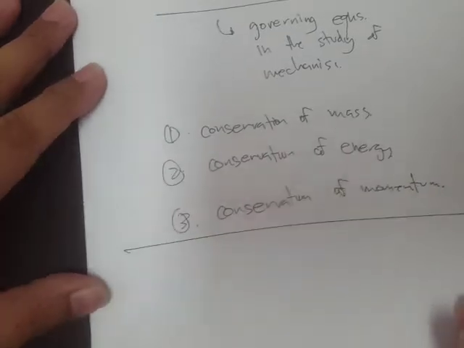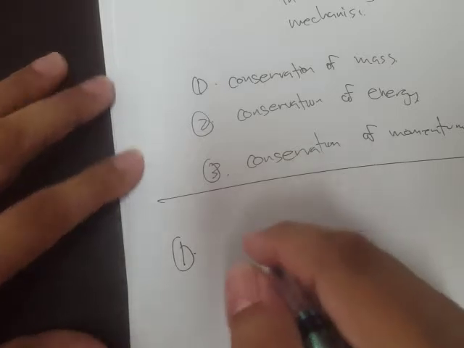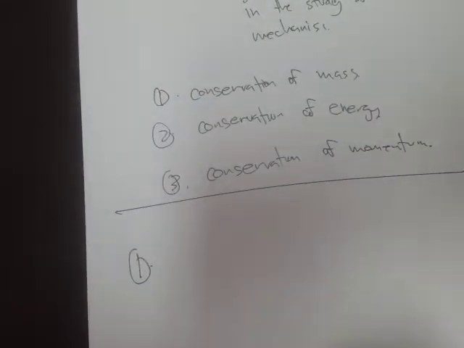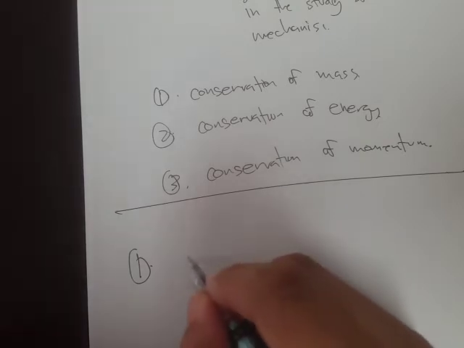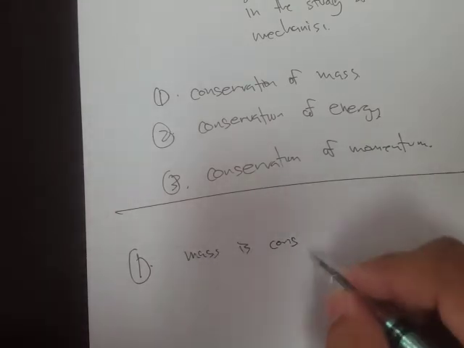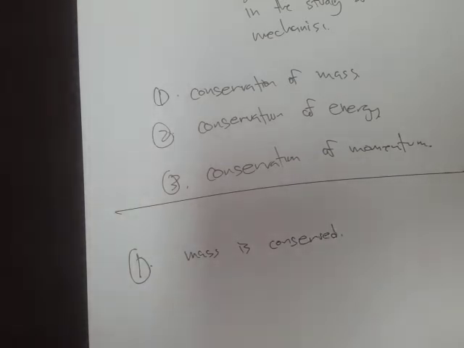Let's discuss this one by one. Well, the first one, we have the conservation of mass. For the conservation of mass, basically what it means is that mass is conserved. From the word itself, it means that mass is conserved.